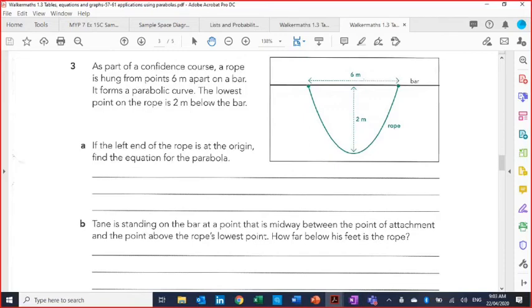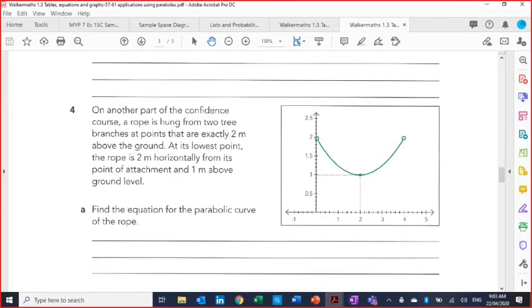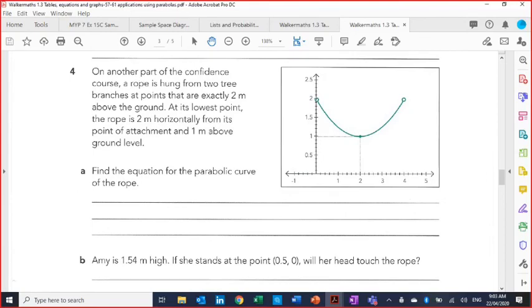So again, they're just based on being able to find the same kind of information that we used for finding the equations of graphs. Here they just give you another one, and it's up higher, so just pay attention to where it's located, right? This one doesn't have any x-intercepts, does it?